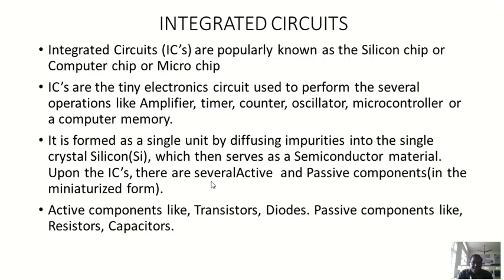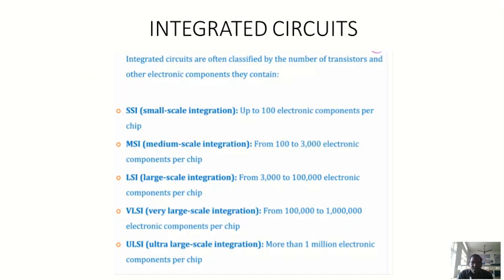It is formed as a single unit by diffusing impurities into a single crystal silicon, which then serves as a semiconductor material. On the ICs, there are several active and passive components: active components like transistor and diode, passive components like resistors and capacitors.